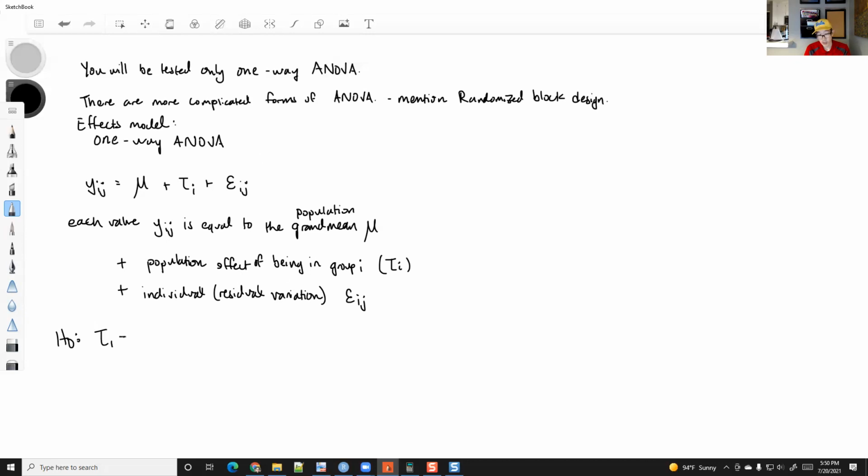Okay, and the null hypothesis is written this way: tau 1 equals tau 2 equals tau 3, and they're all equal to 0. Basically, being in treatment group i has no effect. So this is the effects model.